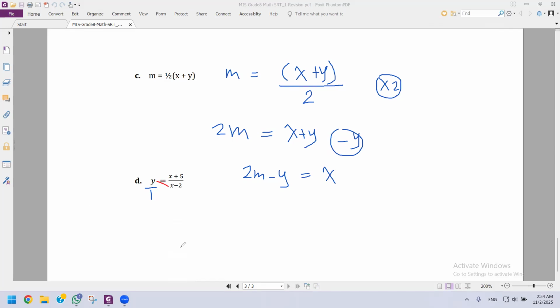So now first I will multiply y by x minus 2. Y times x minus 2 equals to 1 times x plus 5, which is the same, x plus 5. Next, what do I do? I expand the bracket. So xy minus 2y equals to x plus 5.